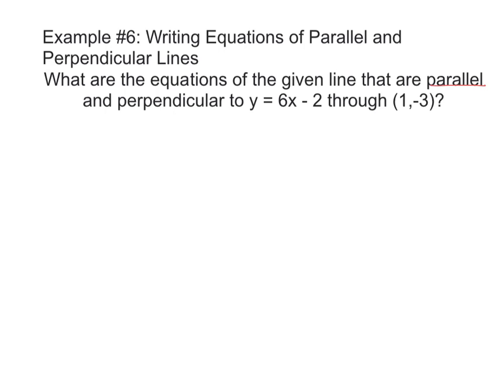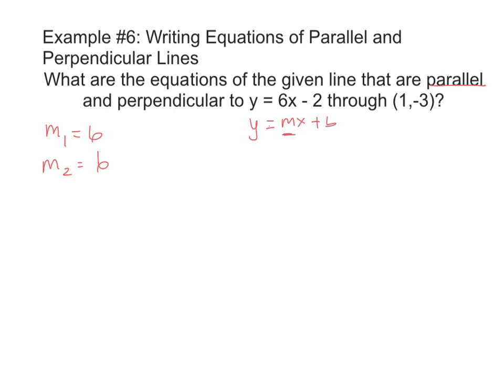Now, luckily for us, this equation is given to us in slope-intercept form, meaning our m is slope. So all we have to do is look at the equation and we know our current slope. So our current slope is 6. And so our new slope will also be 6.